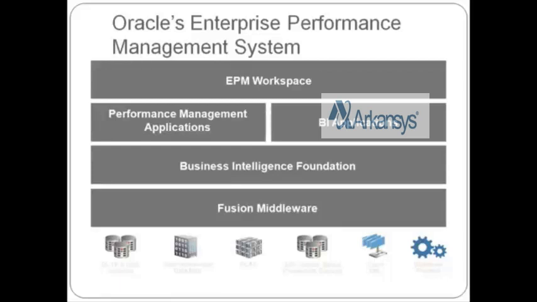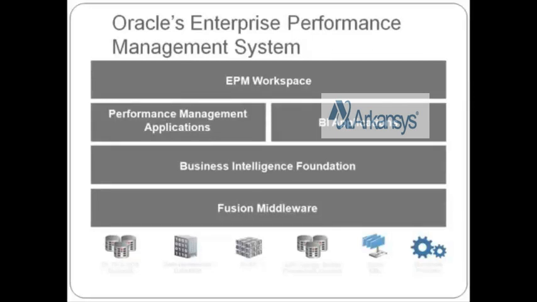So what we do is pull data into the system and store it in the Fusion middleware. There is another layer, the business foundation, where our intelligence logics or formulas, the inbuilt system logics, will be stored. On top of that, you can see two boxes: the performance management applications and the BI applications.